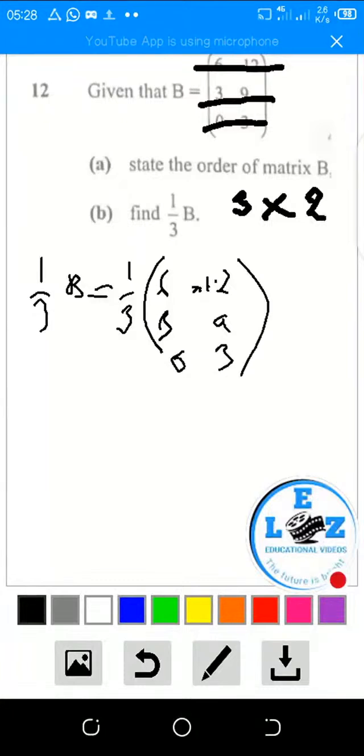So we want to write the final matrix here. When we have 1 over 3, what it implies is we divide every number inside the matrix by 3.